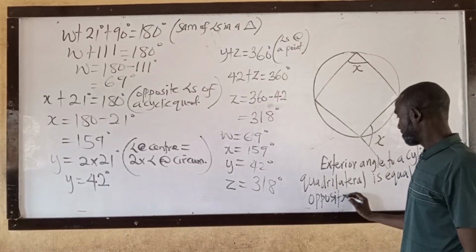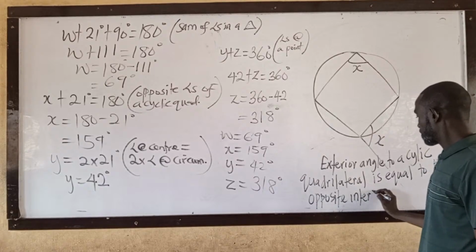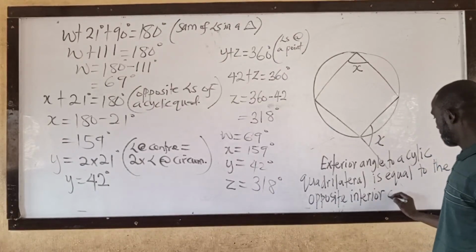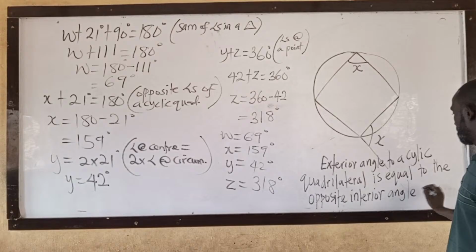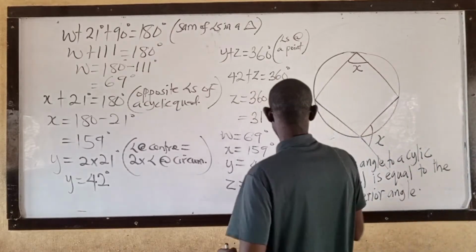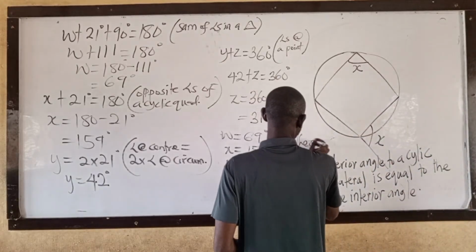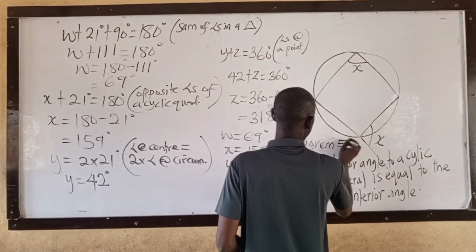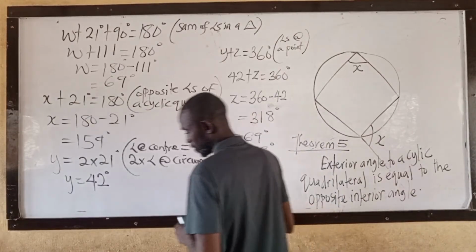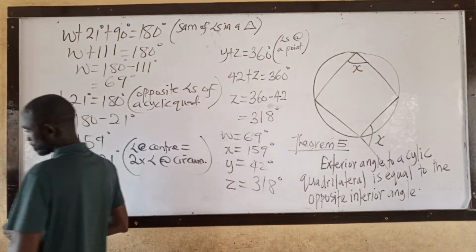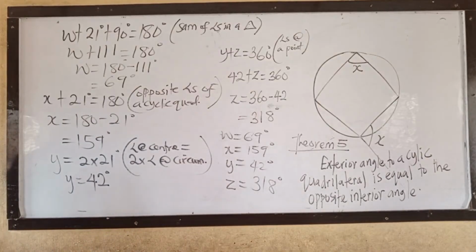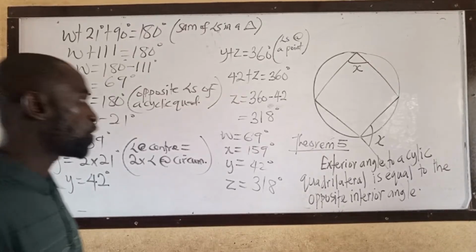That's Theorem 5. So out of this theorem, I'm giving you Theorem 5: the exterior angle to a cyclic quadrilateral is equal to the opposite interior angle.